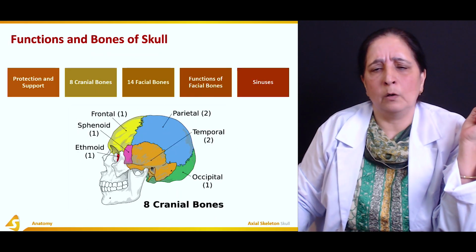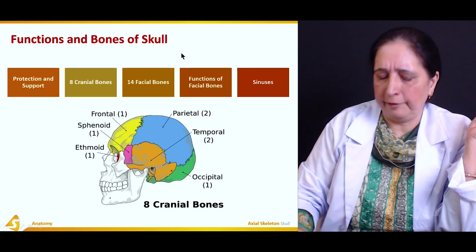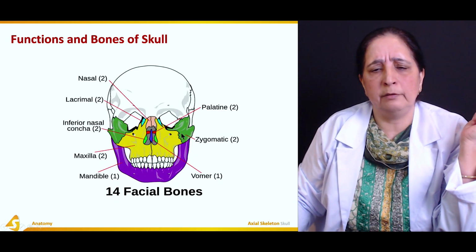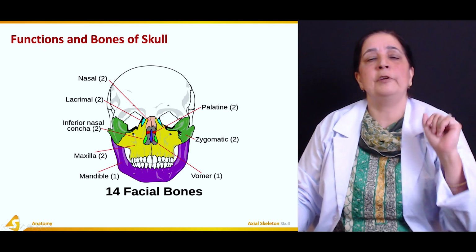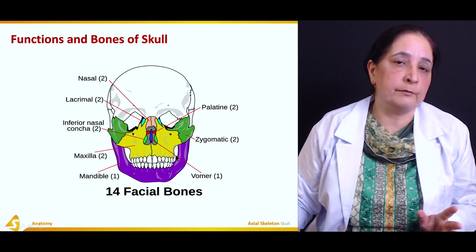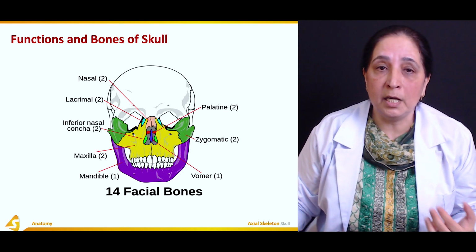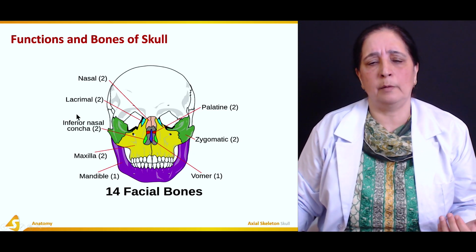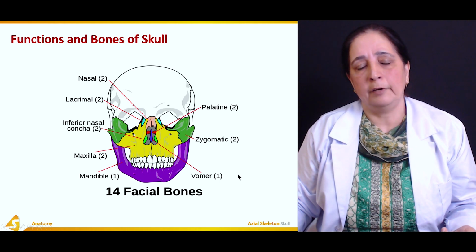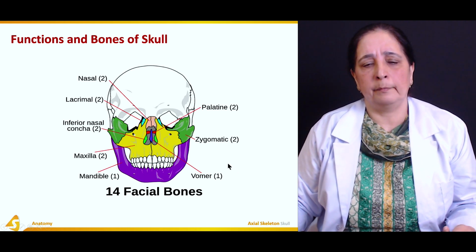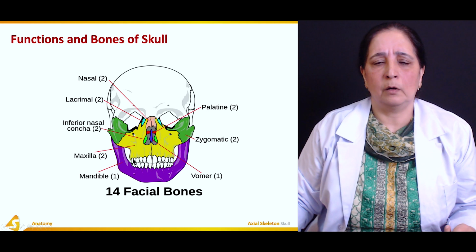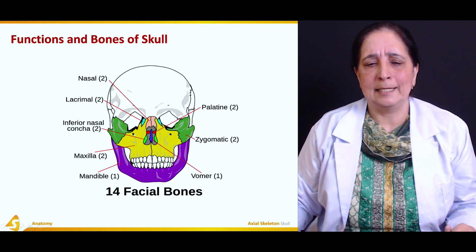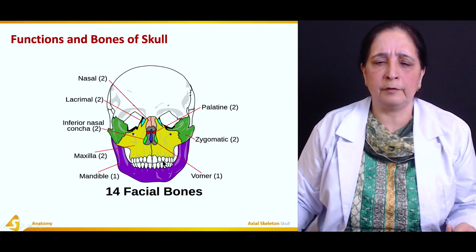A little bit about the functions of the facial bones. Facial bones give attachment to the facial muscles, and facial muscles perform different functions: frowning, chewing, facial expressions. All these are important functions of the facial muscles. Facial bones also provide sockets for the teeth, which perform the chewing function.